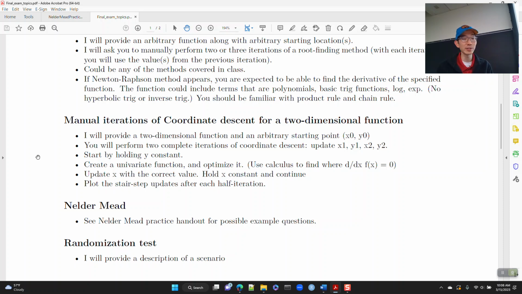So I will give you some starting location, x0, y0, and then from there you will do coordinate descent. So, hold y constant, and then you'll have a function of x, and then you optimize x. Now, when you did coordinate descent in your homework, you optimized it using golden section search.